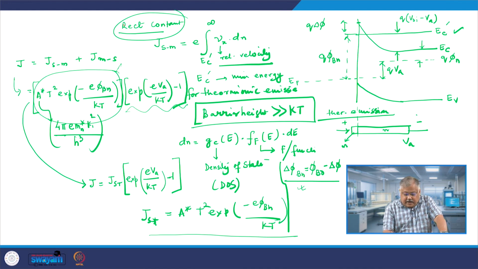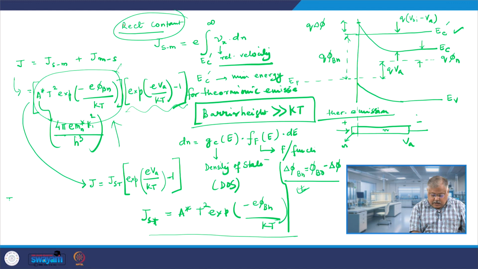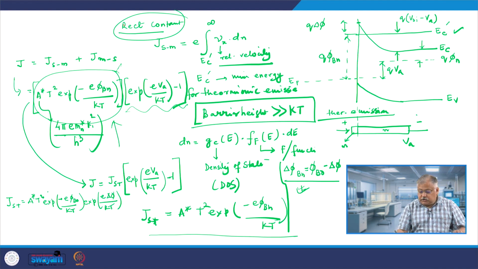Now, if you take this phi B n value and put it back into this equation, you get an expression which can be written as J ST equals A star T square exponential minus e times phi B 0 divided by kT, exponential e del phi by kT, because this is minus del phi n.